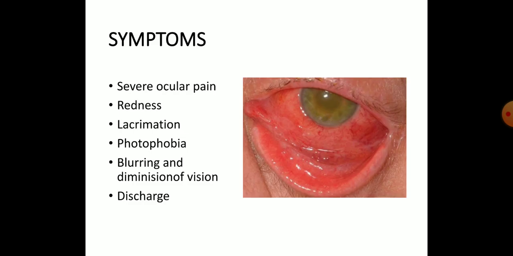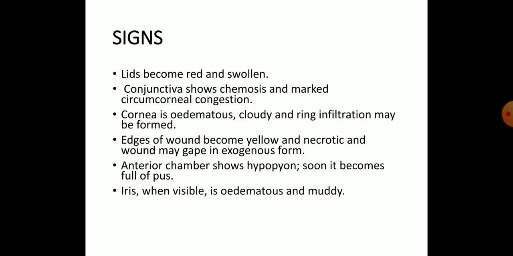A patient who had a history of surgery recently, about one month, is coming now with symptoms like pain, redness, photophobia, lacrimation, diminution of vision, discharge. All these features are like conjunctivitis, uveitis, we have a lot of differential diagnoses, but if this patient has a history of recent surgery, then you imagine it can be endophthalmitis.